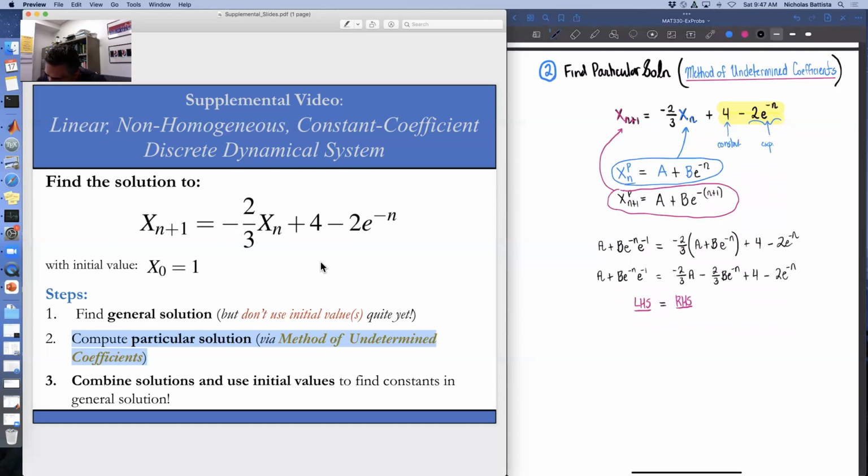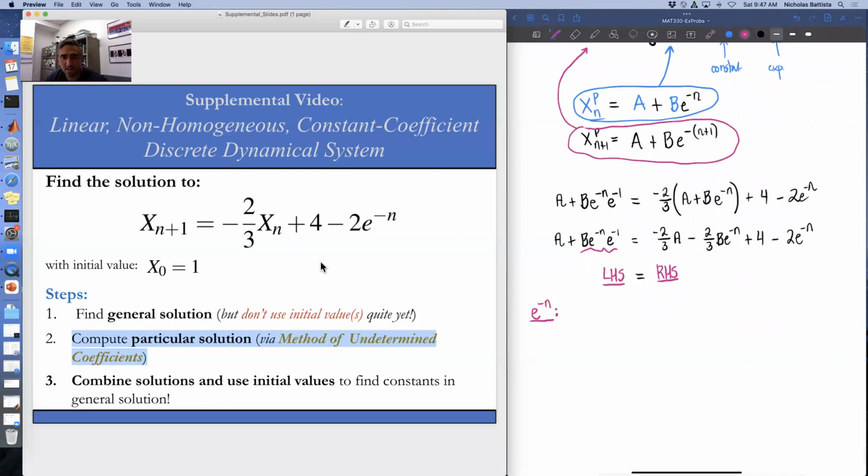But if we look first at what are all the terms that have an exponential attached to them, on the left side, that would be that second term, b e to the minus n, e to the minus 1. So if we're asking for the coefficient on that, we have a b times e to the minus 1.